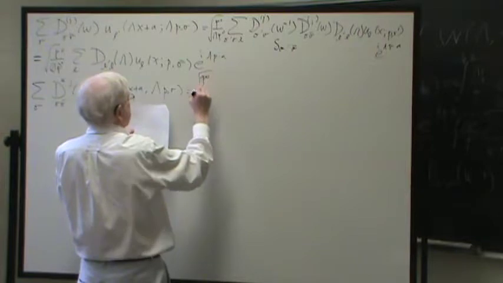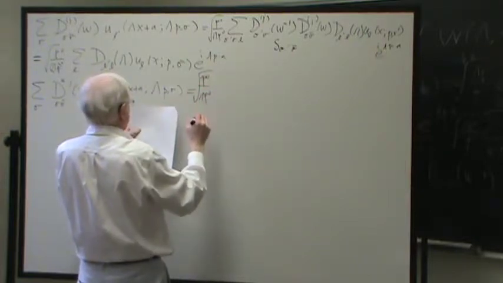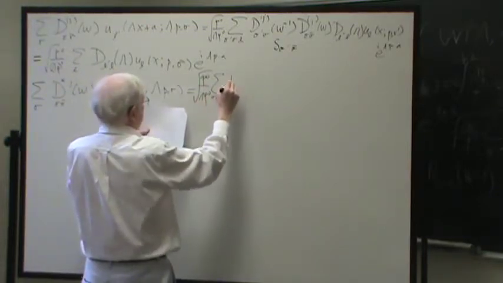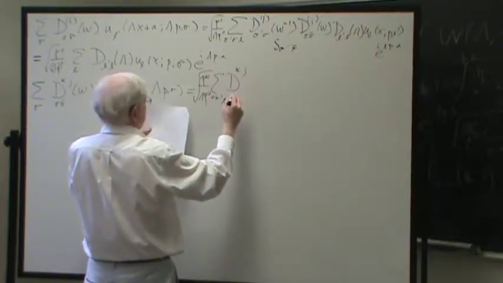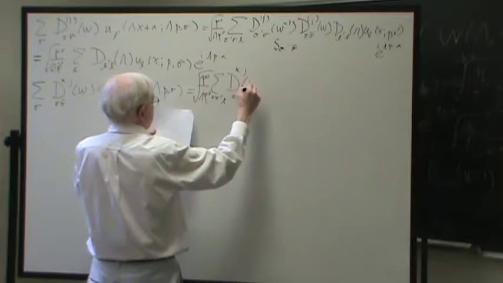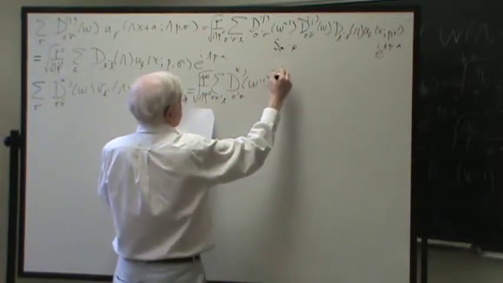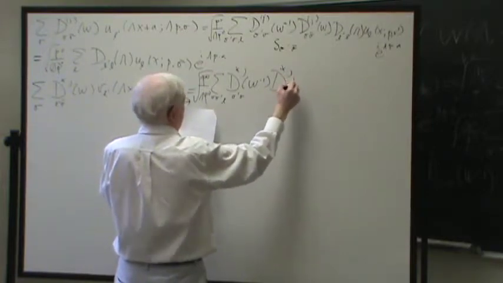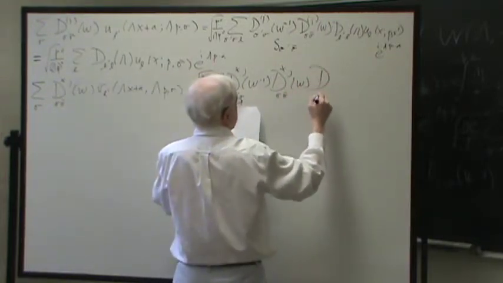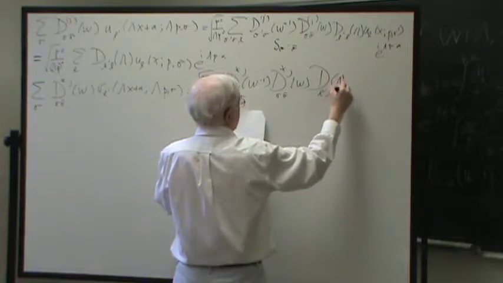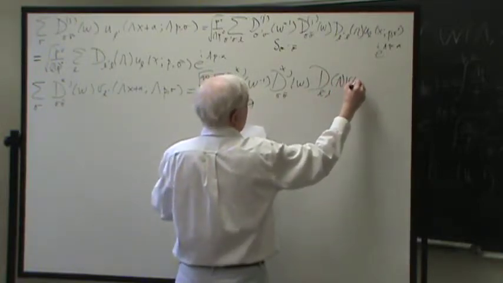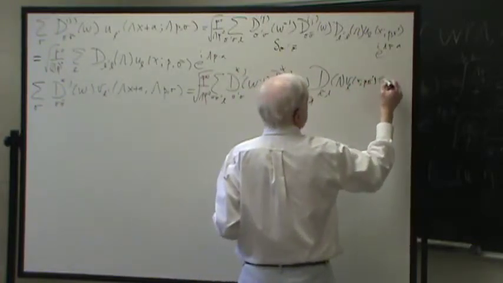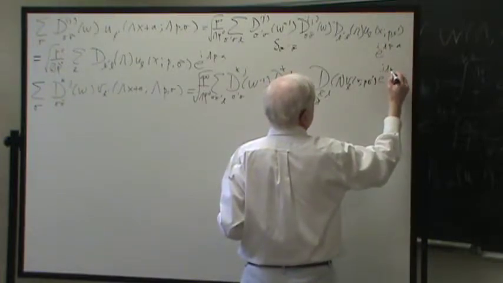And this is then square root of p0 over λp0, sum on σ, σ' and l, D^{*j}_{σ'σ}(W^{-1}) D^{*j}_{σ\bar{σ}}(W) d_{l'l}(λ) v_l(x; p, σ') e^{-iλp·a}.